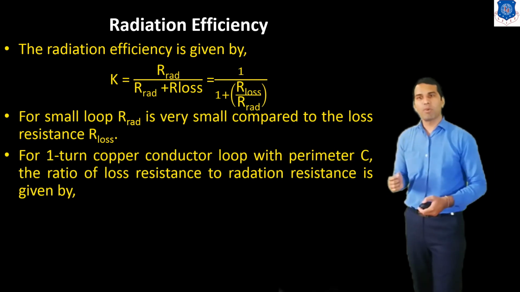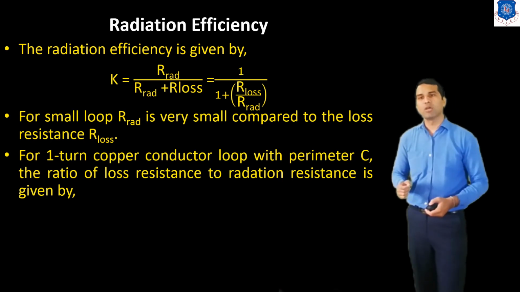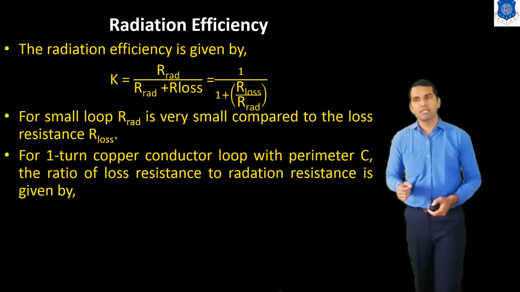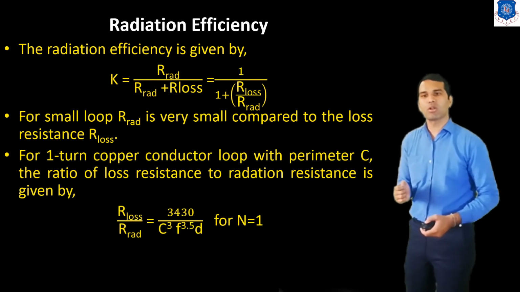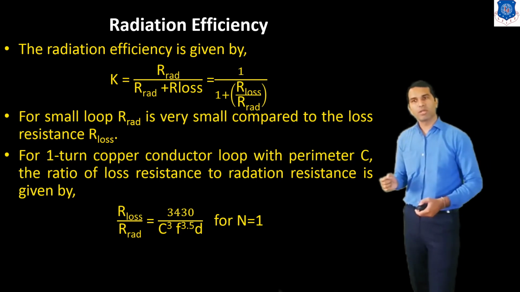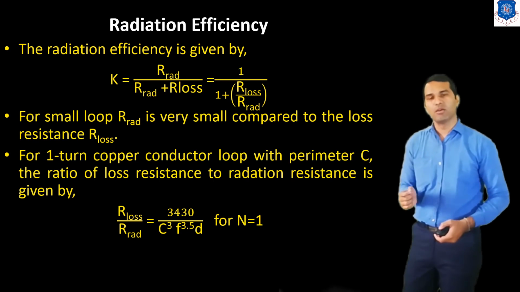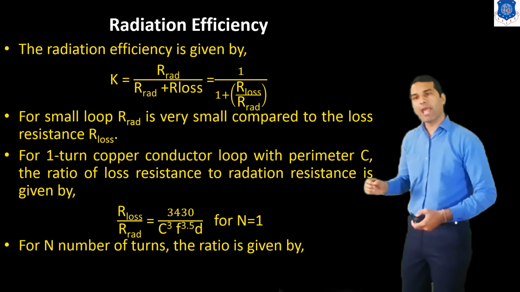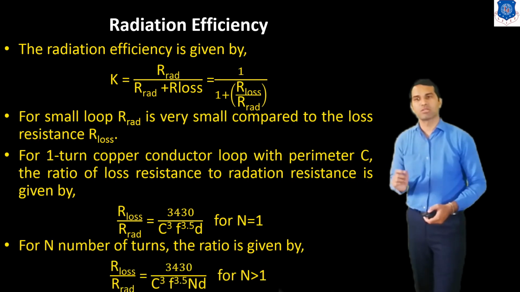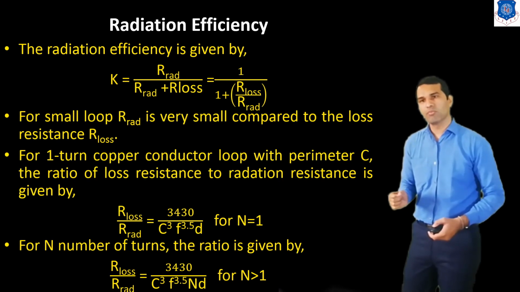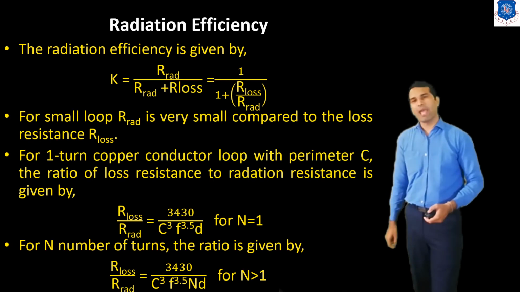For a one-turn copper conductor loop with a parameter C, the ratio of the loss resistance to radiation resistance is given by R loss upon R radiate is equal to 3430 C cube, frequency raised to 3.5, divided by D, for N equal to 1. For N number of turns, the ratio is given as R loss upon R radiate is equal to 3430 C cube, F raised to 3.5, N into D, for N greater than 1.